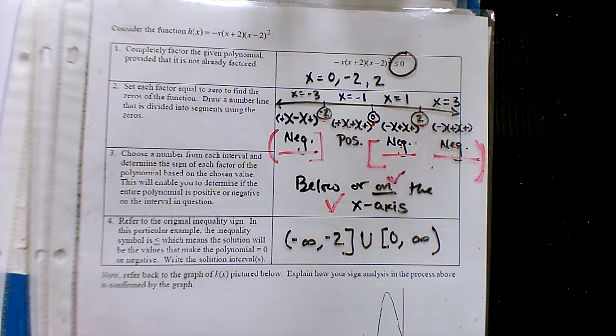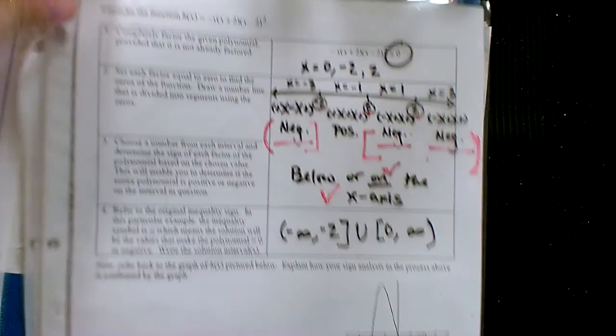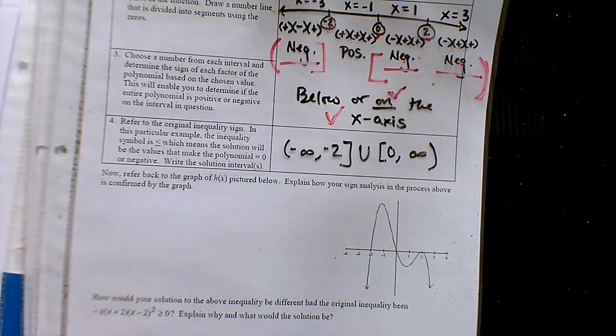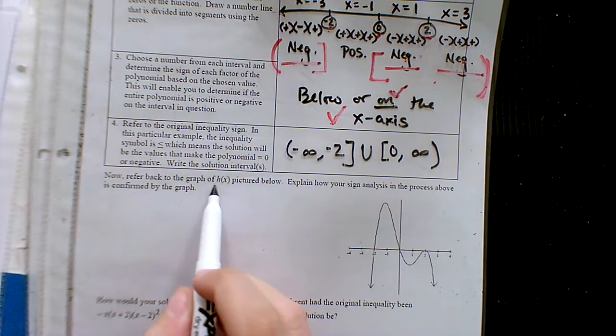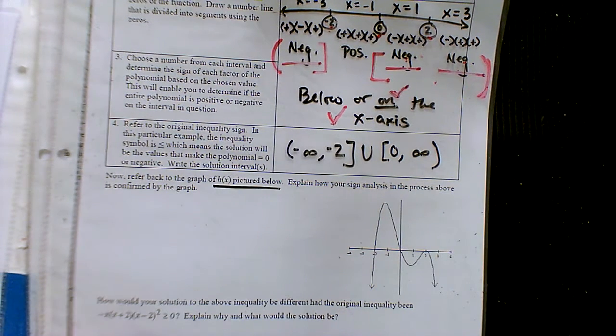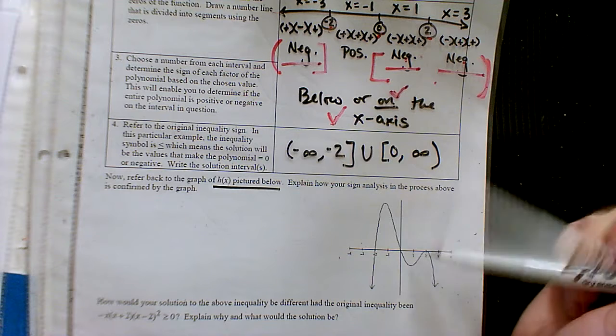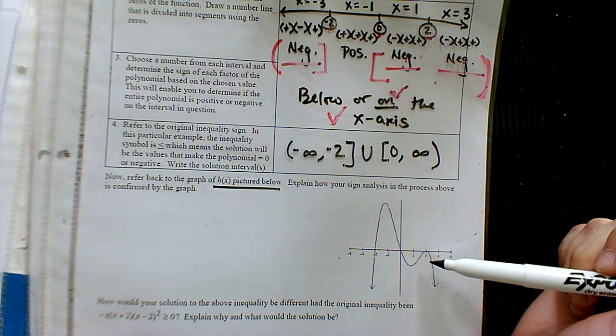Now, I started this example off by saying we did not have a graph to actually check our work, but that's because I didn't want you to know that the graph on that page is the actual graph of the function. So if this is the graph of h of x that we just analyzed, does our answer actually make sense?